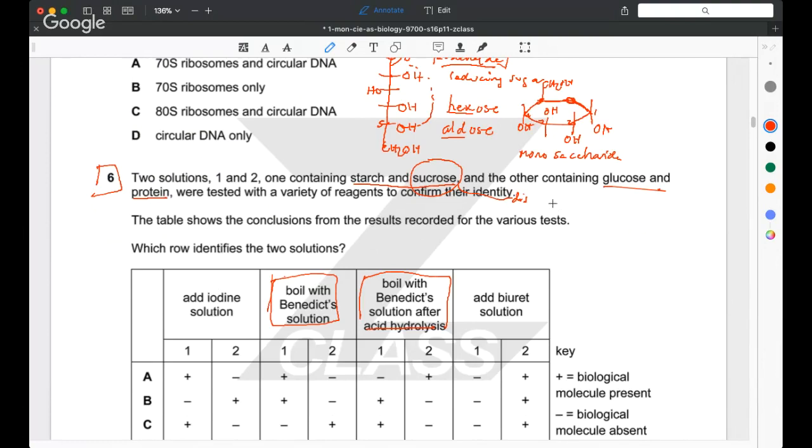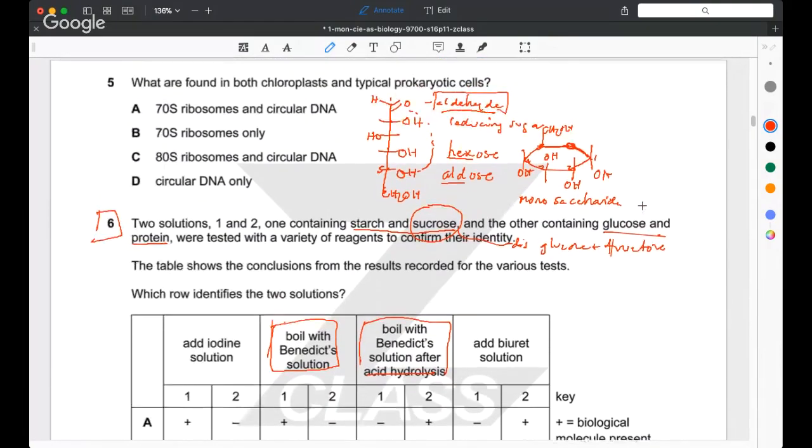So sucrose is 2 monosaccharides joined together. It's glucose and fructose. Okay, you can hear the voiceover, even if the writing is extremely poor.